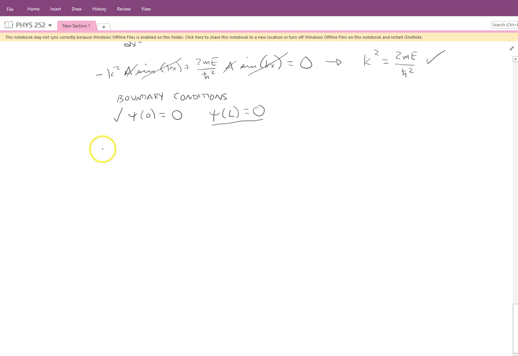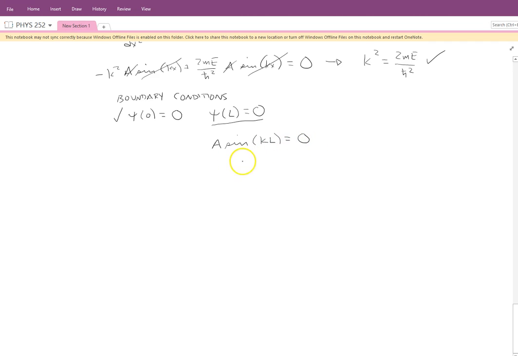We're going to have a times the sine of this constant kL equal to 0. Now, how can we satisfy that? Well, certainly we can satisfy it if a is 0, but then we don't have a solution because the coefficient is 0. So it has to be that the sine of kL is 0.